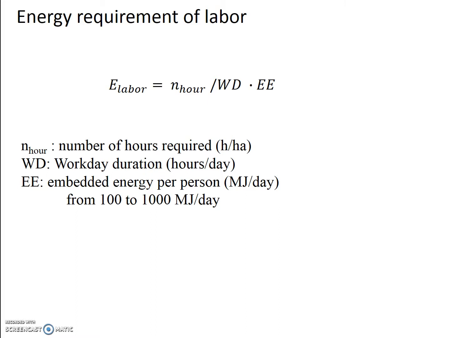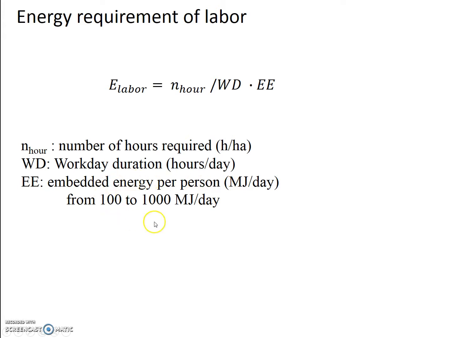We can calculate the energy requirement for labor using this equation, where N hour is the number of hours required for a given operation in hours of men per hectare, divided by the workday duration in hours per day, multiplied by the embedded energy per person, megajoules per day. That means the energy required for sustaining and for the living of a human being.